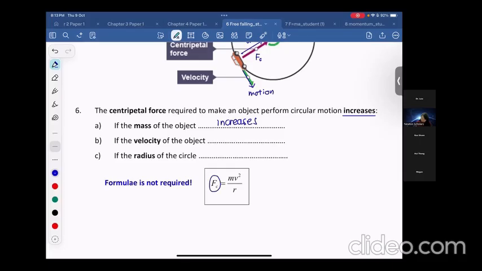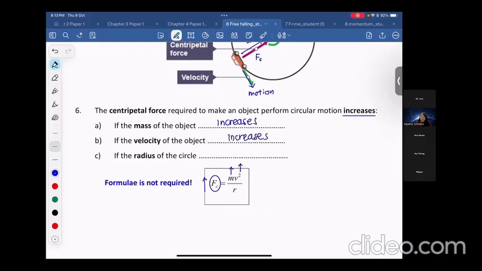Look at this: when the mass is larger, I need more centripetal force to make it change direction and move in a circular path. V here, mv squared over r, is velocity. If your velocity increases, you will also need a higher centripetal force to hold it.